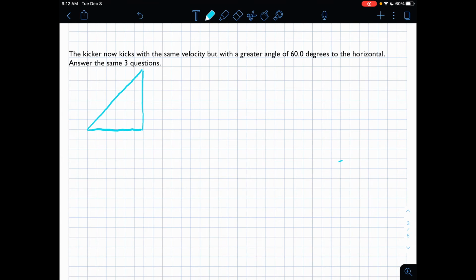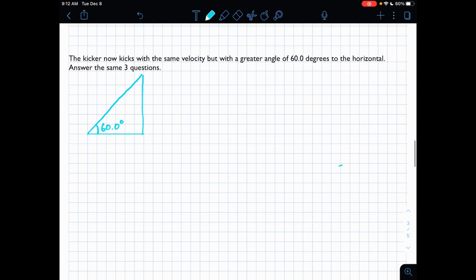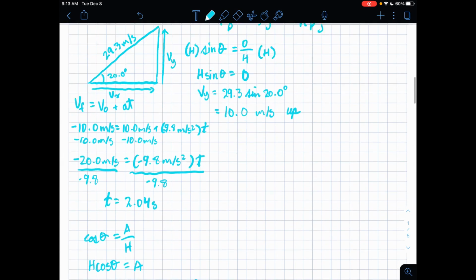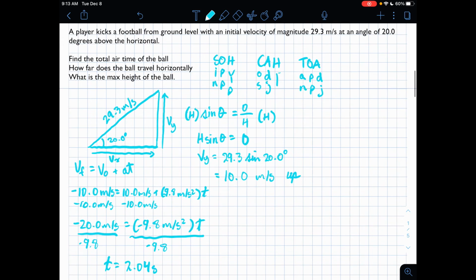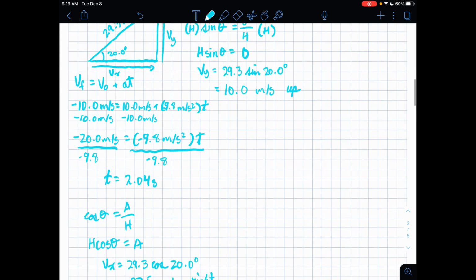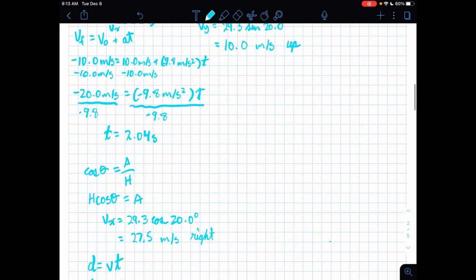I'll just let you do it on your own. 60 degrees, and that'd be 29.3, so that'd be what your triangle looks like. I'll just let you do this question on your own, using the exact same methodology as we used in this question, however, just with a different angle. I'll just slowly scroll through the notes, just to give you some time to look through it again.